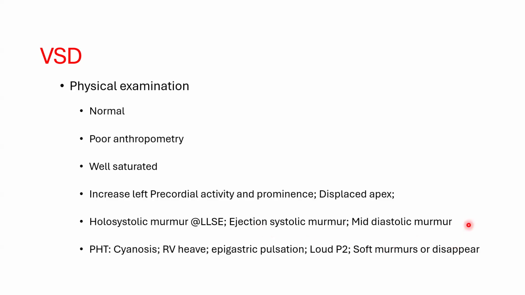And then the mid-diastolic murmur also at the apex, which is because of the rush of blood from the pulmonary veins across the mitral valve.